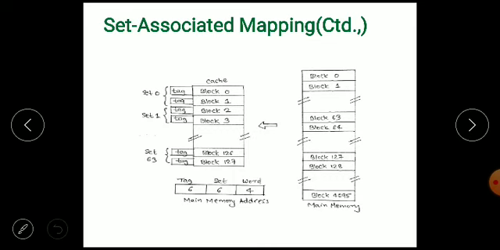Here there will be set 0, set 1, set 2, set 3, up to set 63, right? Each set contains 2 blocks. In total there are 128 blocks in the cache memory. Since each set contains 2 blocks, the total number of sets will be 64, set 0 to set 63.